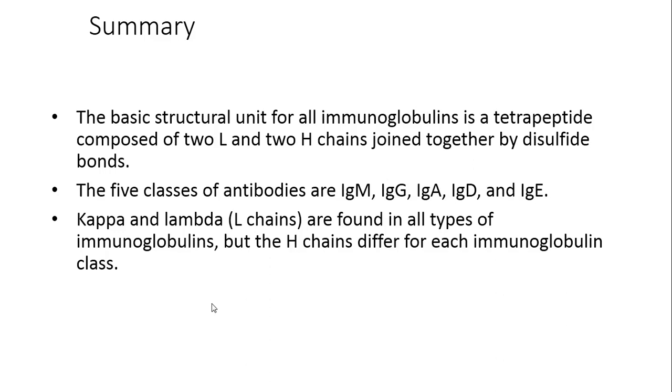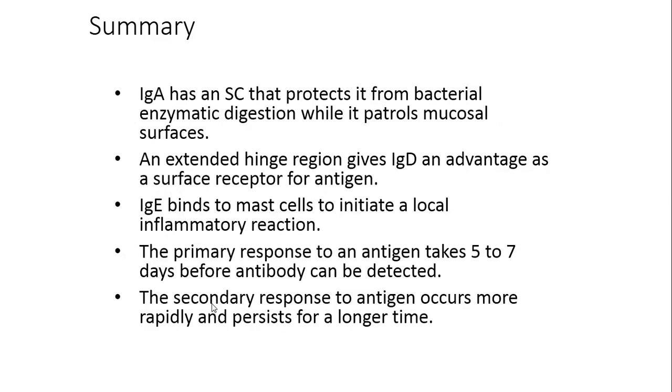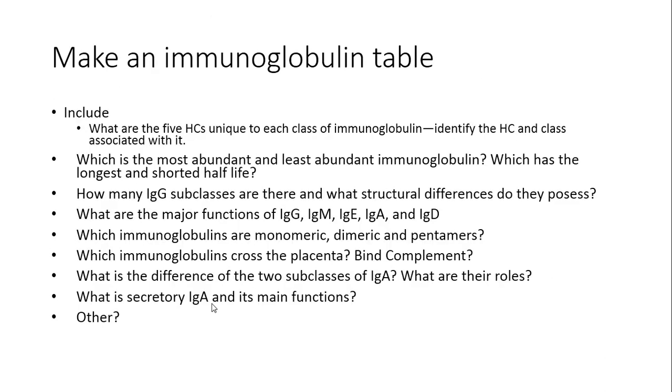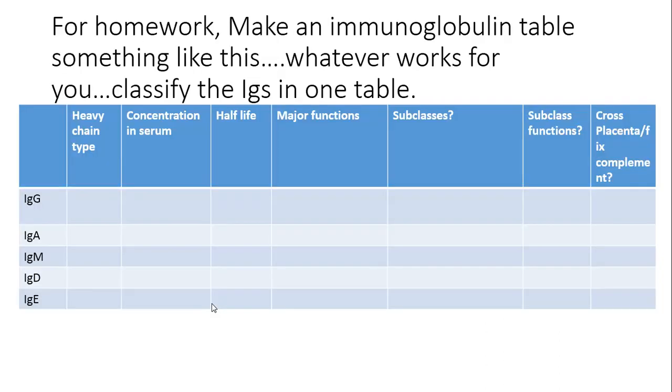I also just want to point out to you, there's some study guide stuff here, and here's the instruction for making the immunoglobulin table. Here's how you do it. This is what needs to be done. This is an example. This may not work for you. I don't care if you don't do it on a spreadsheet. Some people draw pictures of them.